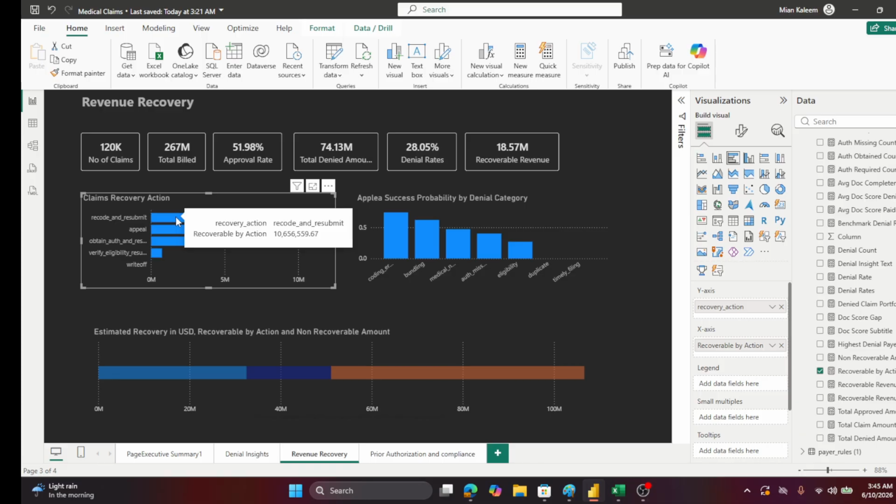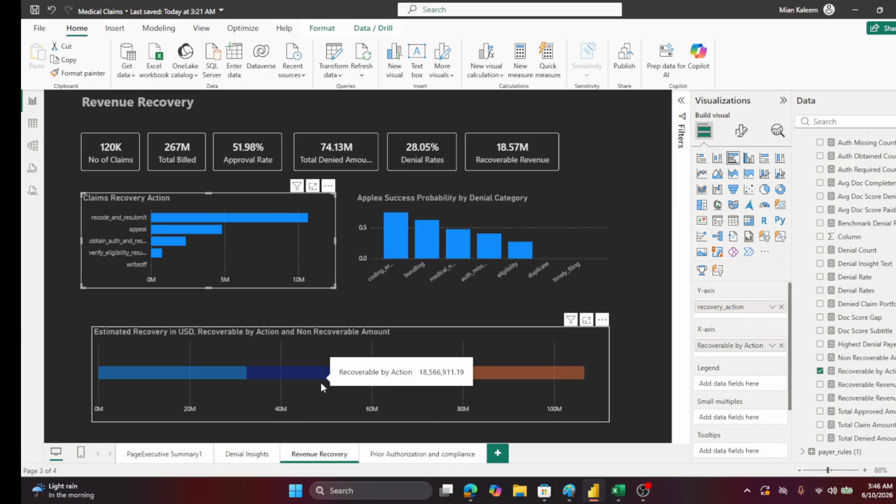So if there are around 10 million in claims that hospitals can recode and resubmit, they can recover this amount. There is the appeal, and then there is obtain authorization and resubmit. So these are about 2.3 million and 741,000 for verify eligibility. These are the types of claim recovery actions they can take. For example, the biggest one is recode and resubmit.